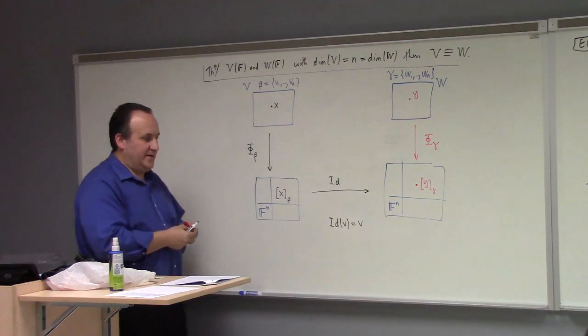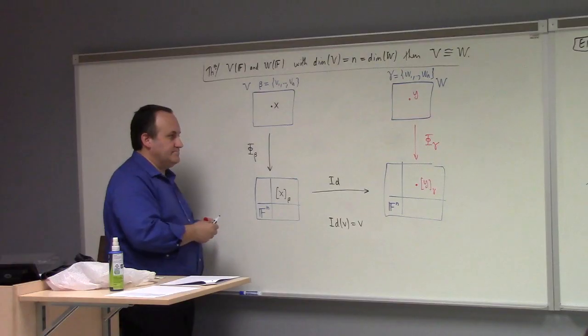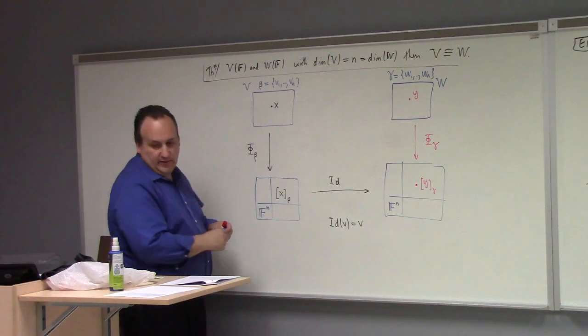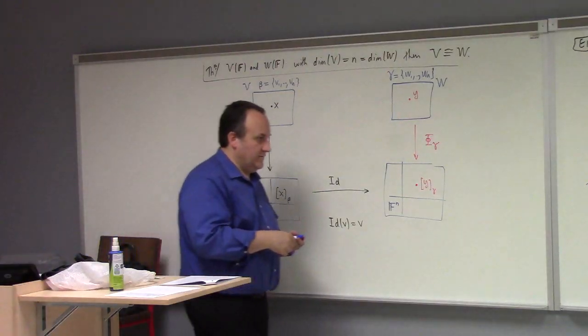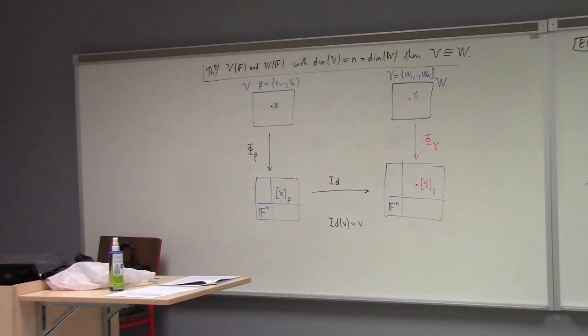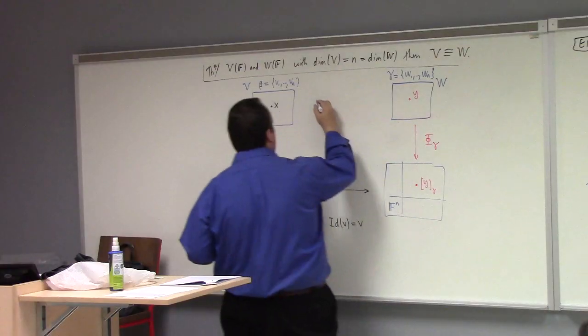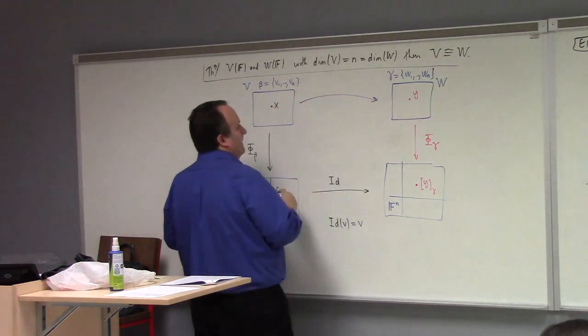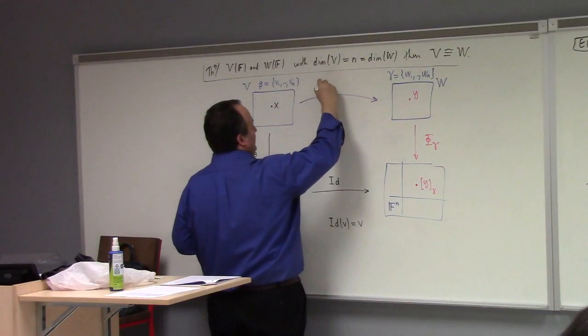So this is the identity map on Fn. So I want to go from the left to the right. How should I achieve that? What can I use for my isomorphism?